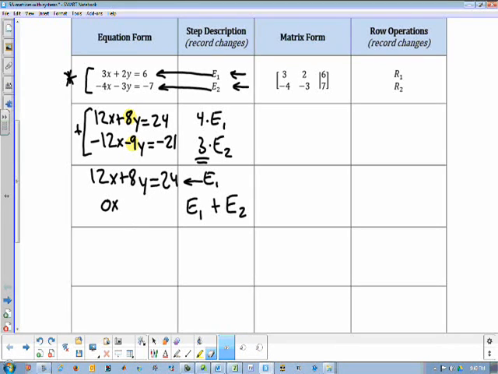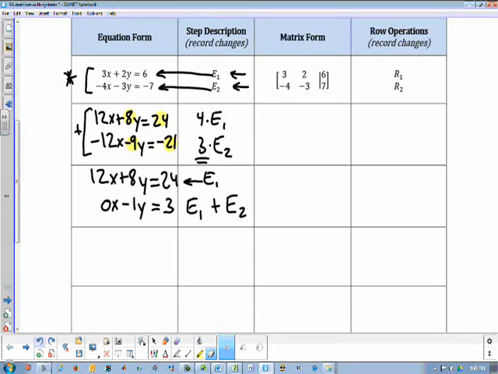Okay, so it's going to give us -1y. We obviously don't need the 1 there. And then if we add the constants over here, 24 plus -21, that's going to give us 3. Now I'm going to go ahead and erase the 0x. We don't need it there. Well, change my mind. Let's leave it there. That'll be good. Okay, so we're almost there.